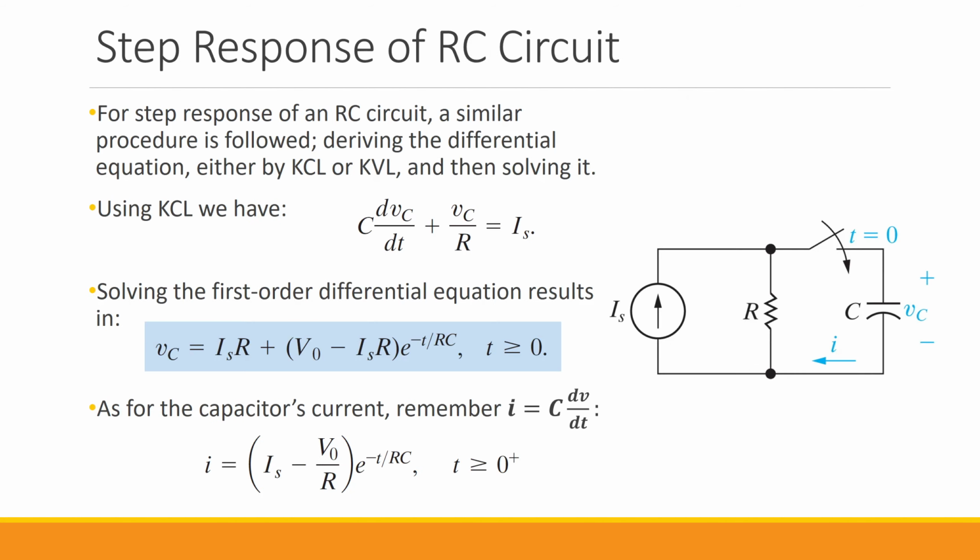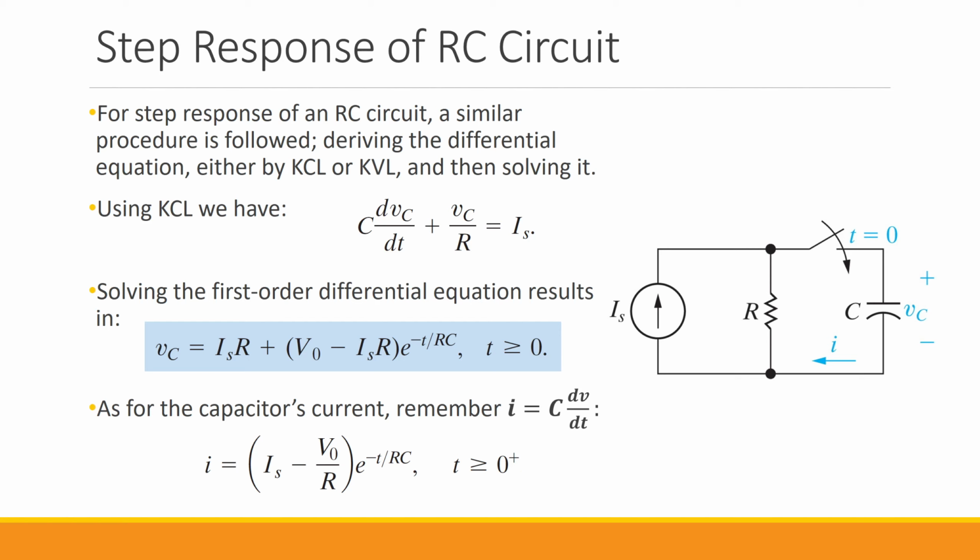So now that we have learned this for RL circuits and we were able to find the step response of RL circuit, we can apply the same procedure to find the step response of RC circuits. For a step response of RC circuit, we follow the same procedure.